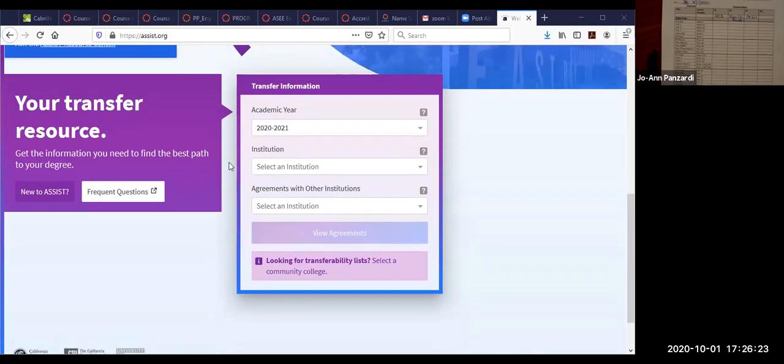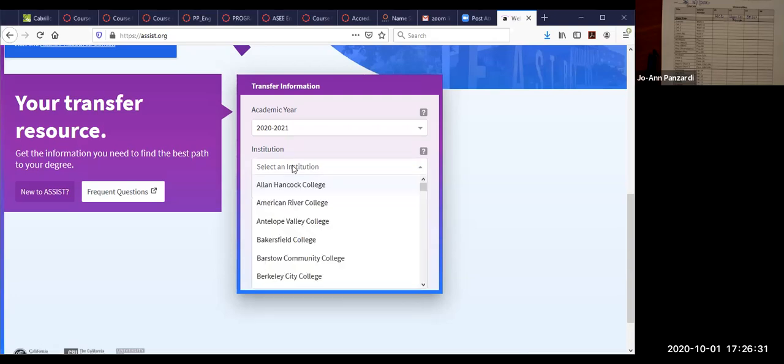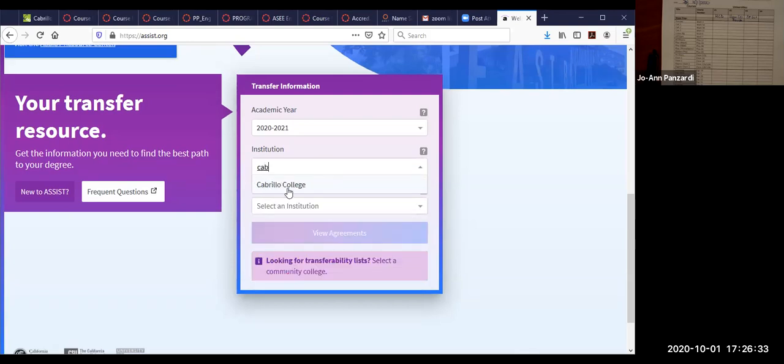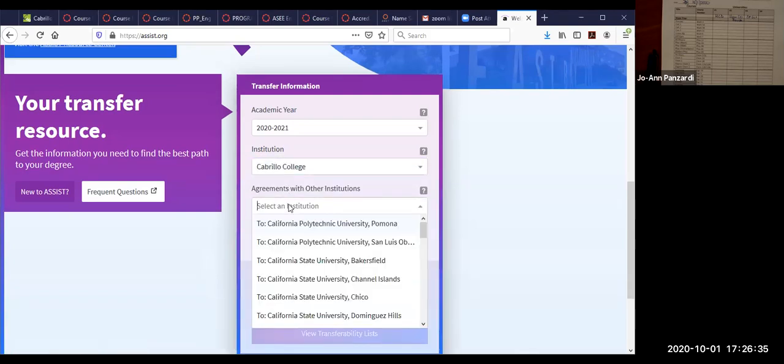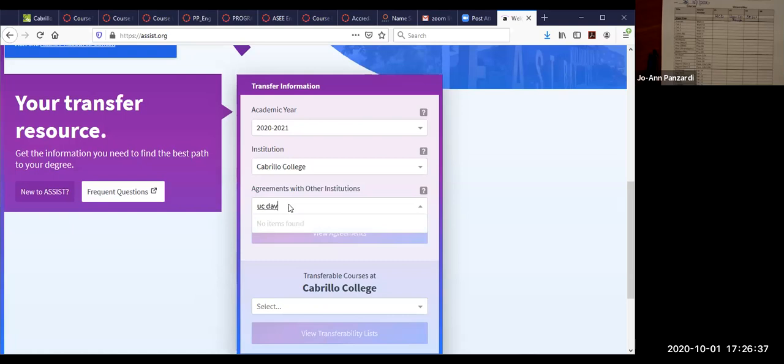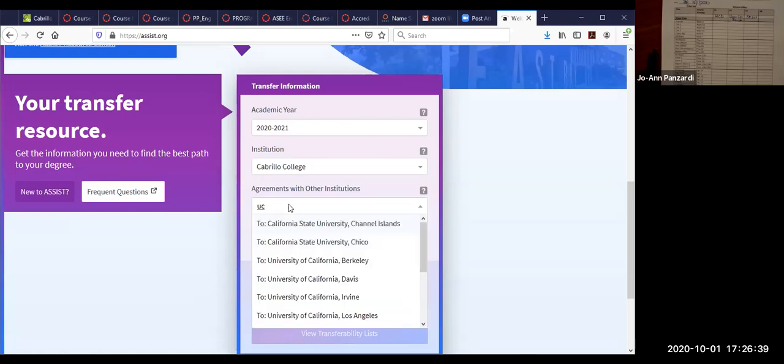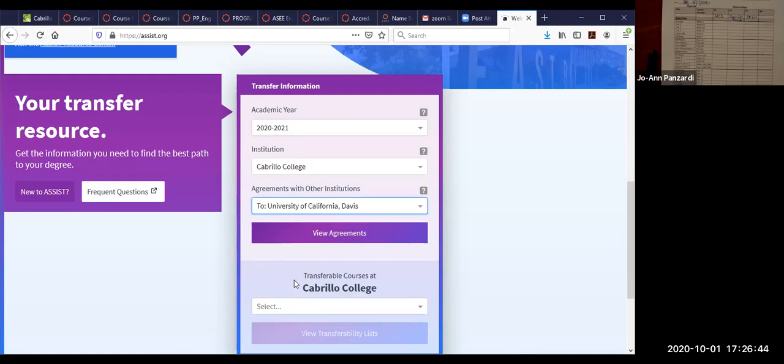Now I scroll down and it says, what academic year am I planning on transferring? Well, what year are we in? I'm just going to pick 2021. I'm going to select the school I'm at, which is Cabrillo, and I'm going to select UC Davis. It doesn't want to pop up that way. Oh, there it is, Davis. Okay, so I'm going to say view agreement.